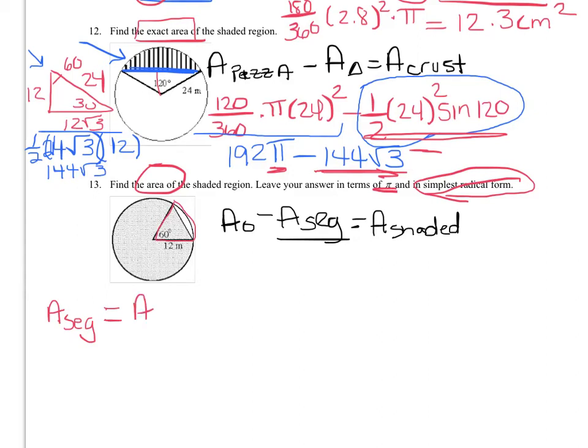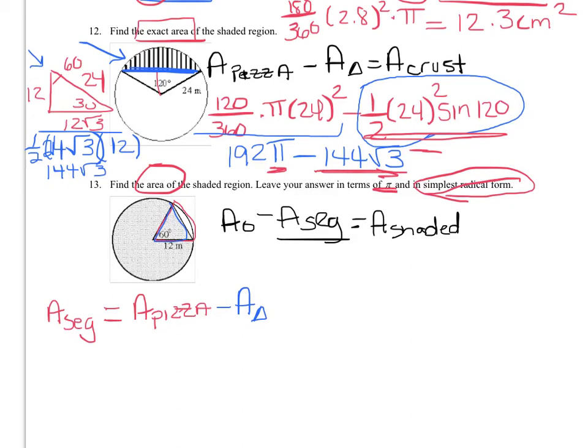So I'm going to put area of pizza, just so we don't get confused with so many S words here, minus the area of the triangle, okay, this right here, and that will give us the area of the segment, the non-shaded white part right there.